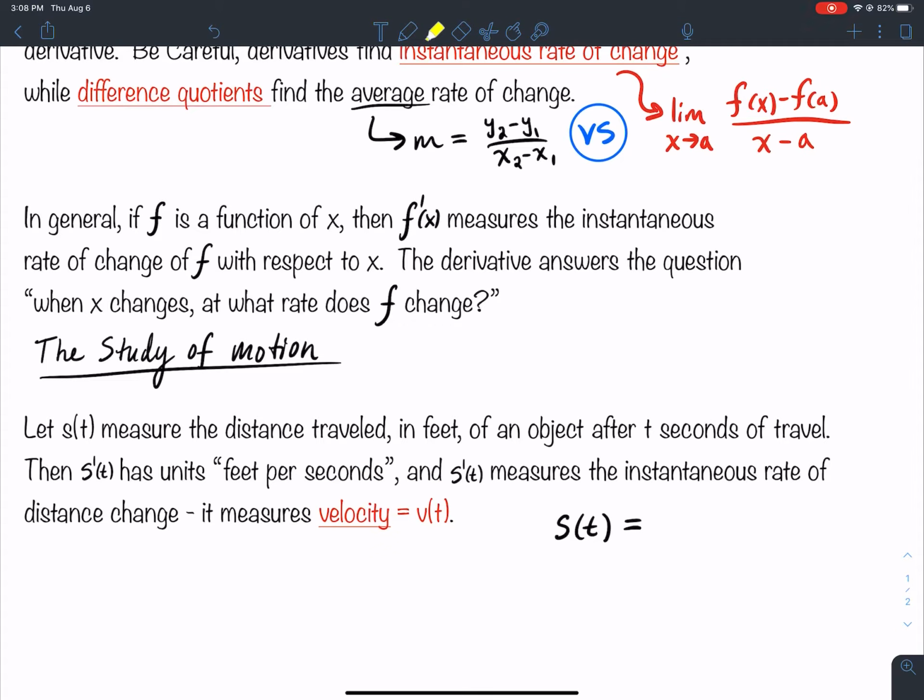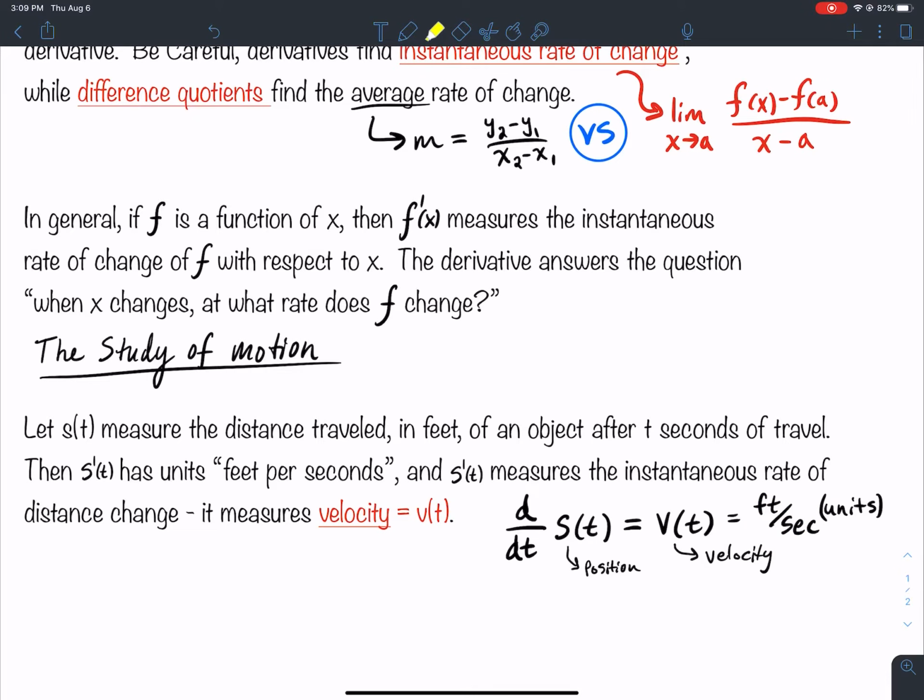So for your textbook, to find the velocity function, we take the derivative of the position function, s of t. When I take the derivative with respect to time t seconds, that gets me the velocity function, and the units for the velocity function are feet divided by seconds.